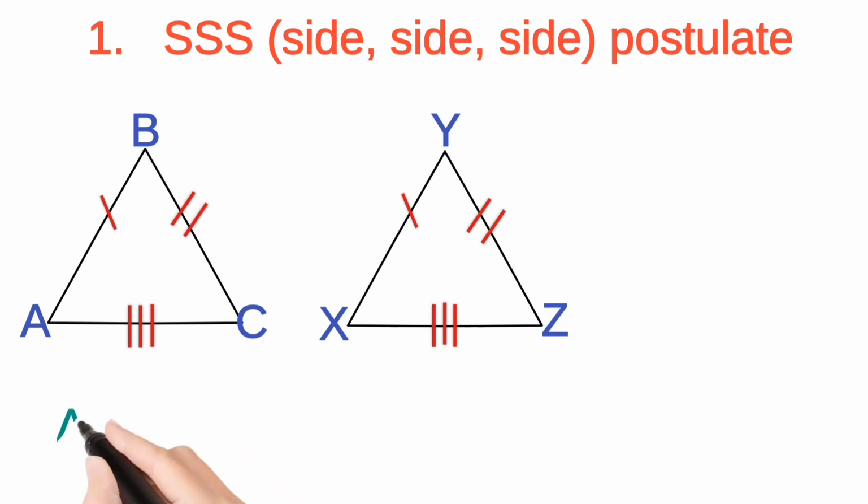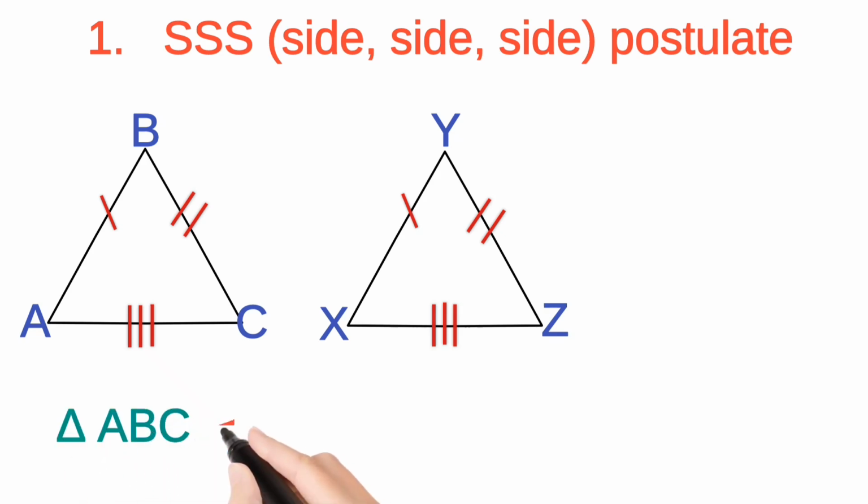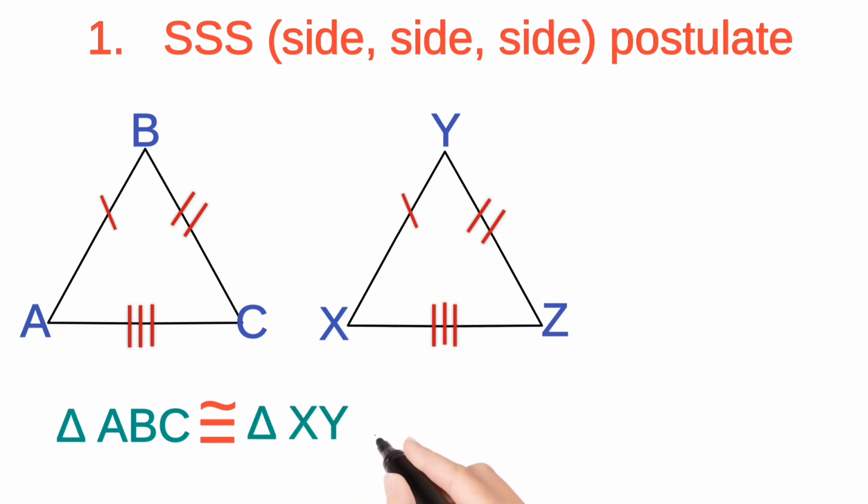That is, triangle ABC is congruent to triangle XYZ. And I want you to take note of the arrangement of the alphabet. That is, A corresponds to X, B corresponds to Y, and C corresponds to Z.